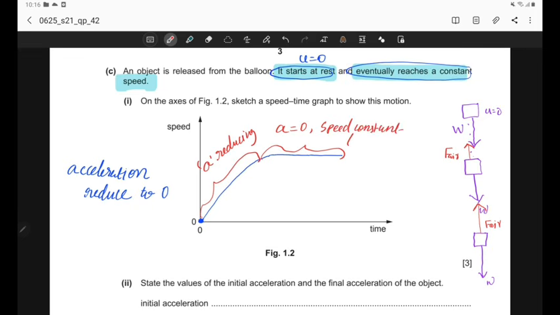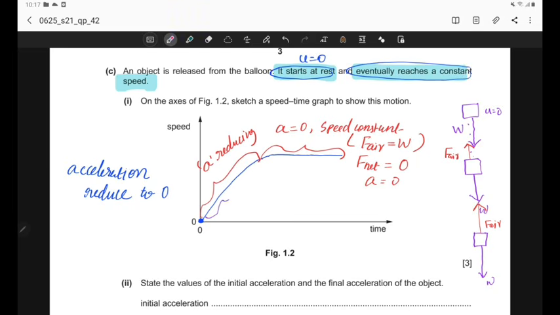Here the force due to air resistance must be equal to the weight, so that the net force along this horizontal line is 0. That's why acceleration is 0, and that's why it has reached a constant speed.